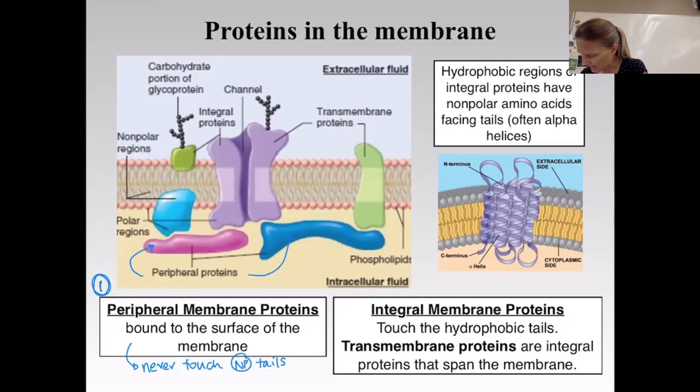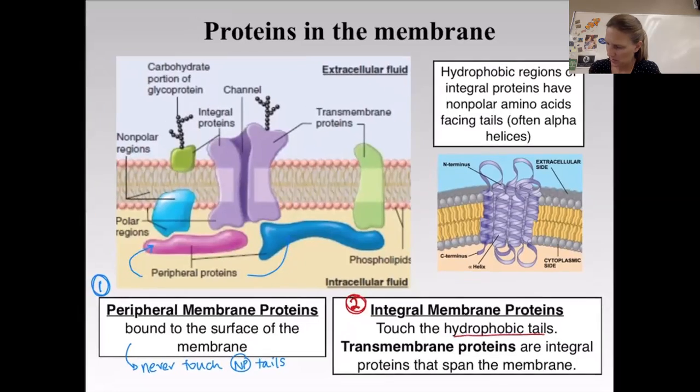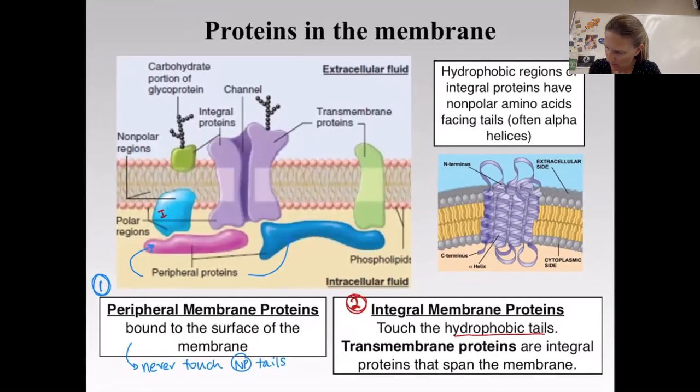The second kind is called an integral membrane protein. These are plasma membrane proteins that somehow touch the hydrophobic tails, right? So this is an integral membrane protein, as is this, as is this, as is this, all right?